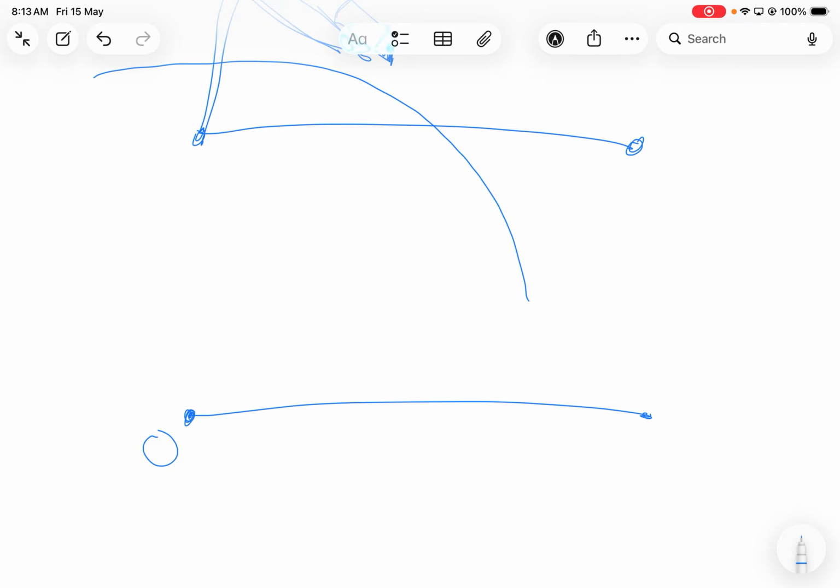Okay, then we come back to the idea of a circle. Everywhere on the circumference is the same distance from the center. Stand properly. Okay?